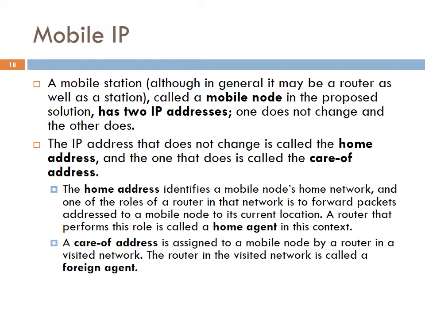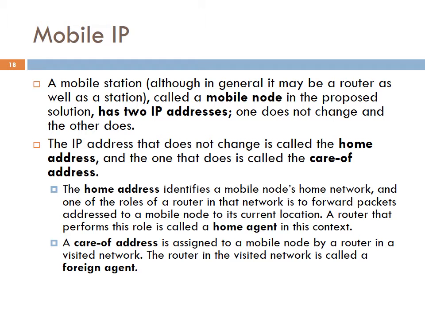The IP address that does not change is called the home address, and the one that does is called the care-of address. The home address identifies a mobile node's home network, and one of the roles of a router in that network is to forward packets addressed to a mobile node to its current location. A router that performs this role is called a home agent in this context.